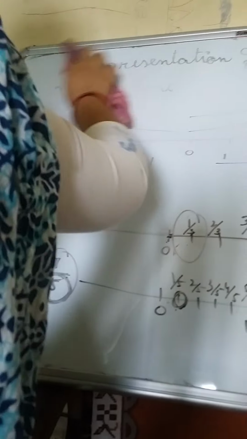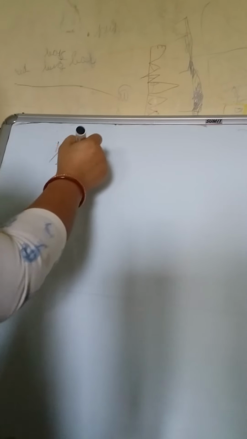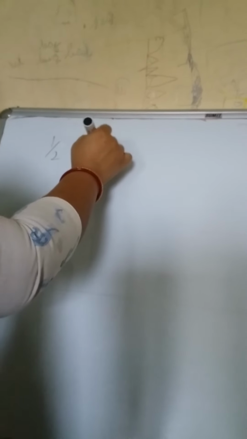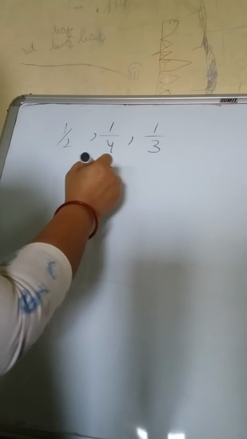Next, if I ask you how many rational numbers are present in between two rational numbers. How many rational numbers are present in between two rational numbers? So let's see. When it is 1 by 2 or 1 by 4 or 1 by 3, it is easy to say that they are located in between 0 and 1.